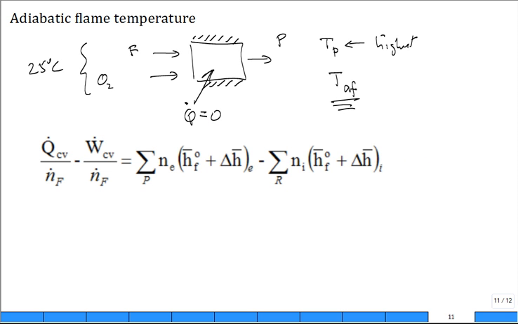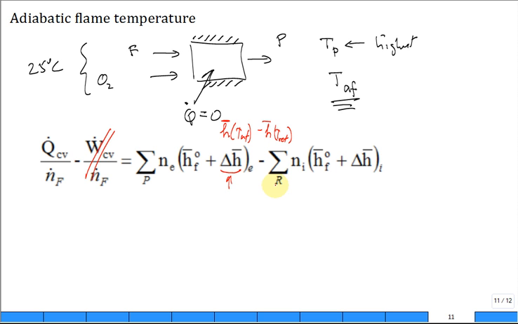So in general, you have no work, that's 0. The products come out with a large delta H, because it's H at the adiabatic flame temperature minus H at the reference temperature of 298.